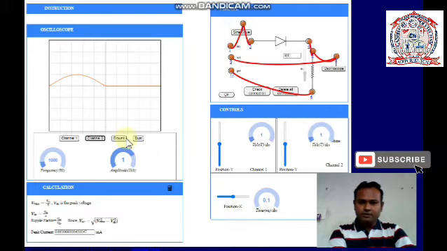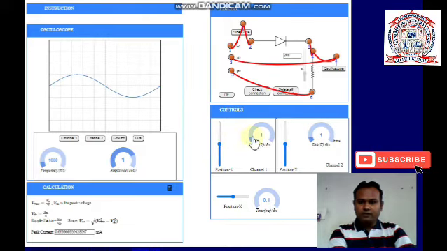So here we can change the position Y of the waveform, and also we can scale the input waveform.